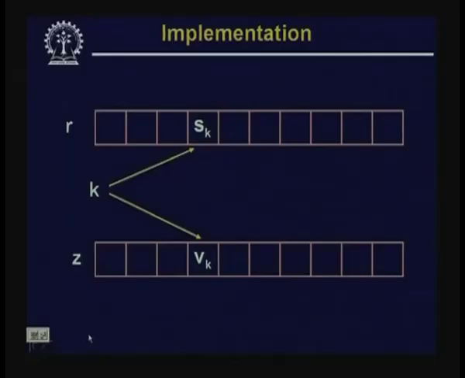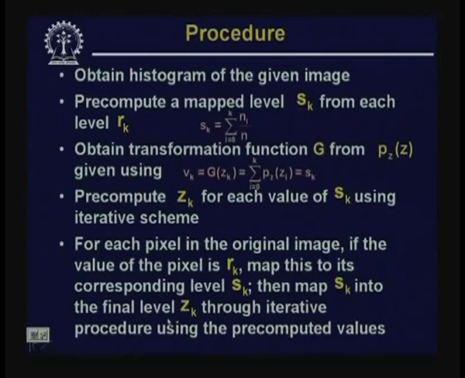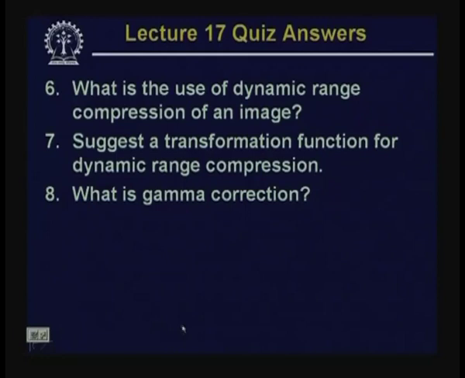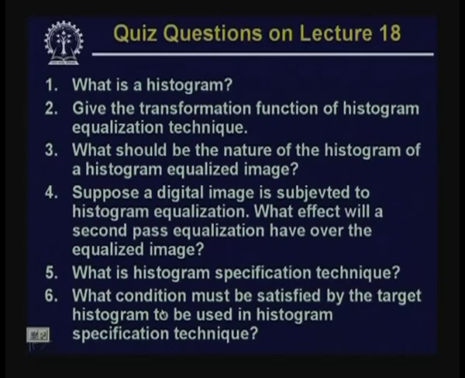Now, coming to the questions of today's lecture. The questions are: first, what is a histogram? Give the transformation function of the histogram equalization technique. What should be the nature of the histogram of a histogram equalized image?